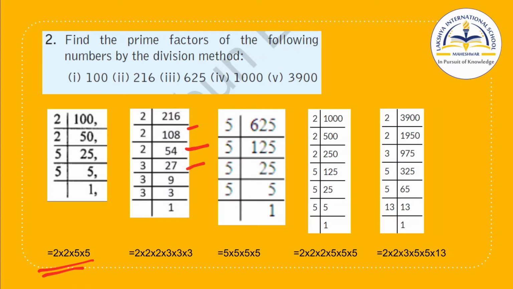So we get 9. 9 is also divisible by 3. Again 3. So at last we get 1. Now we write 2 into 2 into 2 into 3 into 3 into 3. In this manner we will get our answer. So you have to solve this question in the same manner.